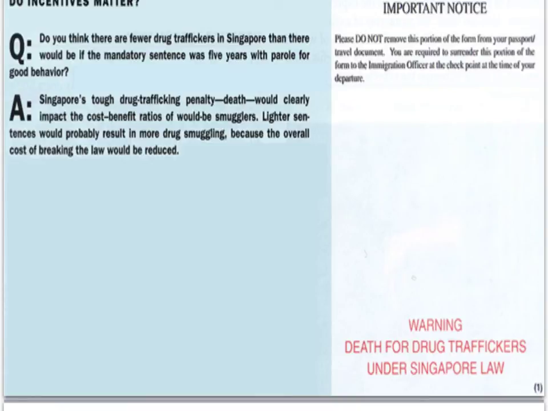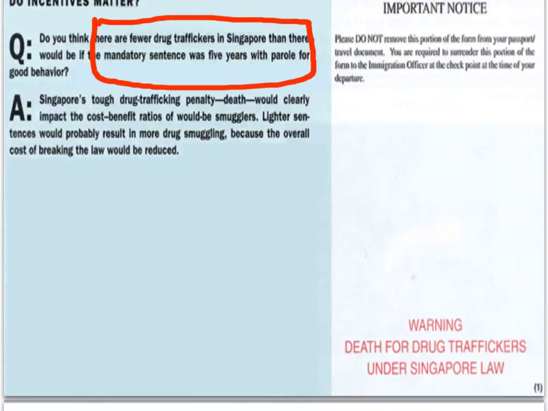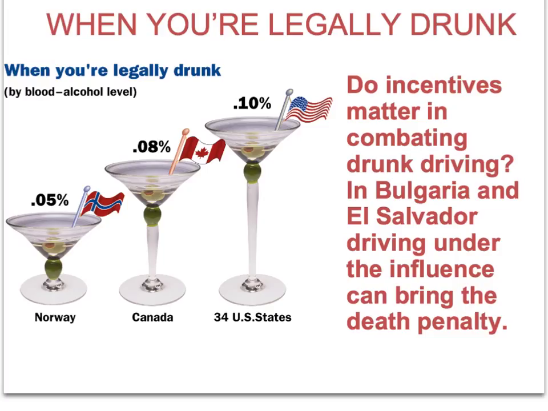Question here, drug traffickers in Singapore, if there's a mandatory 5-year sentence for parole with good behavior. What we saw in Singapore is very tough drug laws, and very few people trafficking drugs, which makes sense. And this is actually interesting.